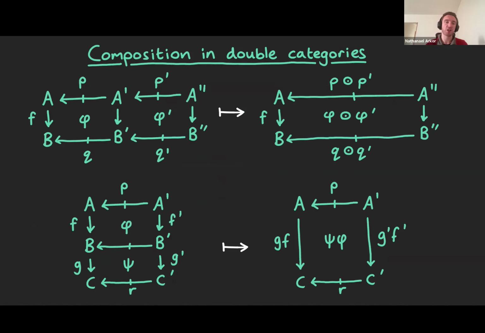Whereas if I compose in the loose direction, so horizontally, then this composition is only associative and unital up to some coherent isomorphism. If you're familiar with bicategories, it's very much analogous to this. I'm not going to spell out the details though. It suffices to know that we have these sorts of composition operations. The details are not going to be so important.